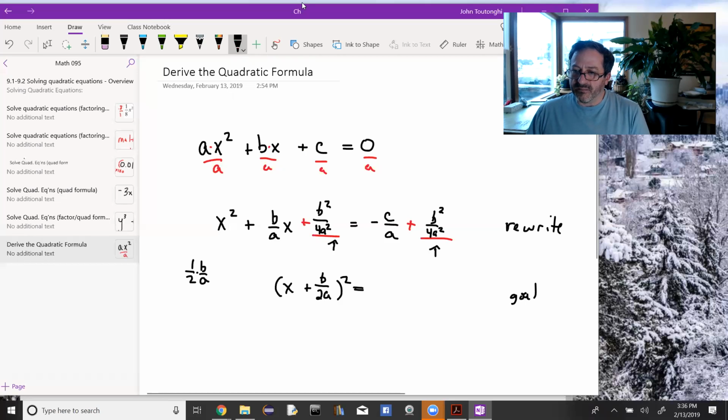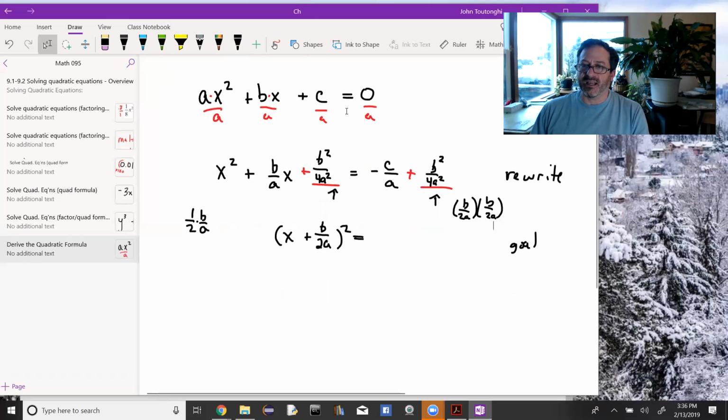And let's see if I can squeeze that in over here. I put that a little close because I was trying to fit the goal and the stuff that's going to come behind it on the same page. So b over 2a times b over 2a is going upstairs, and that's b squared over 4a squared.